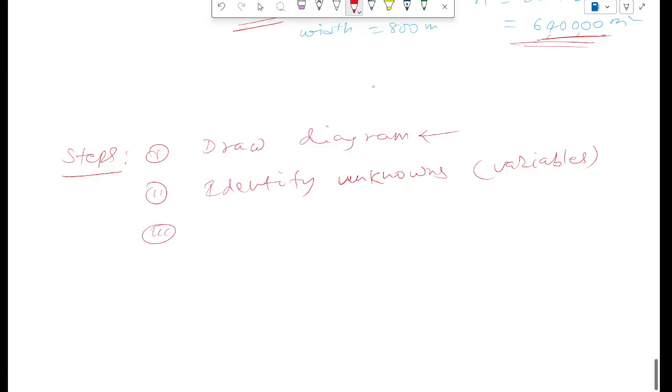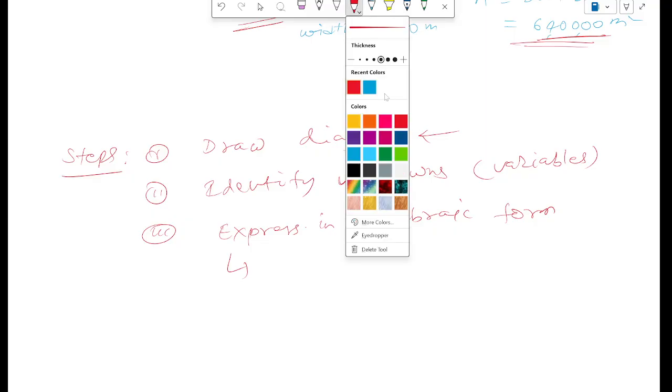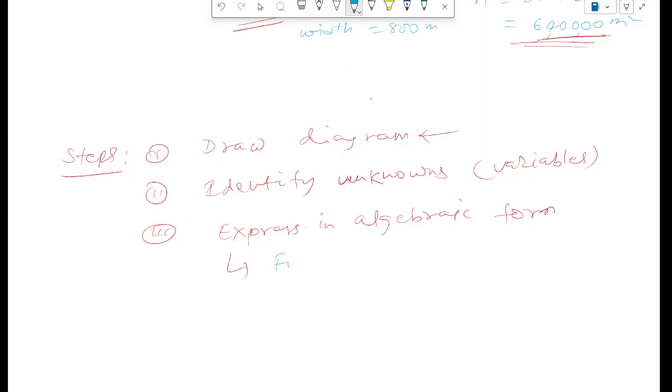And third, we try to express in algebraic form, or you can say that we try to find the function that we need to optimize, the optimization function.